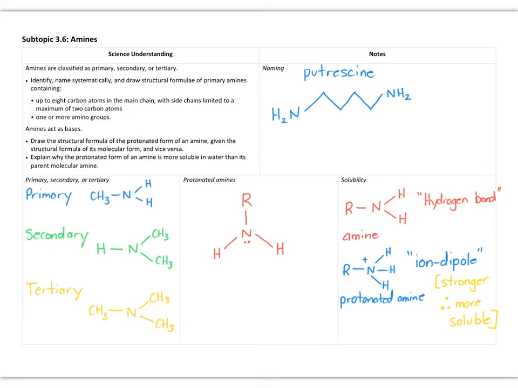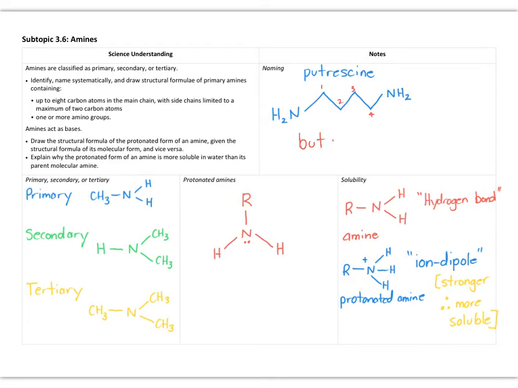We've drawn it in the skeletal type structural way, so we can imagine that there's a carbon there, there, and there. So we've got 4 carbons. So it is a bute for 4. It is an amine.